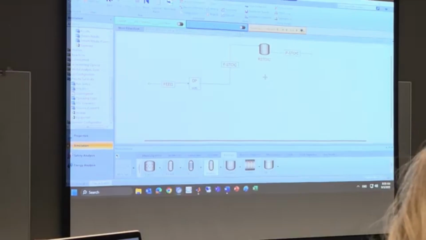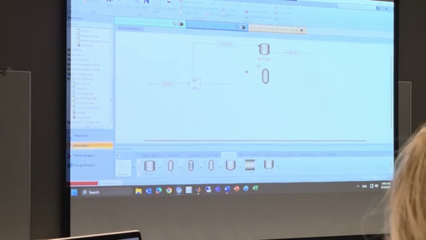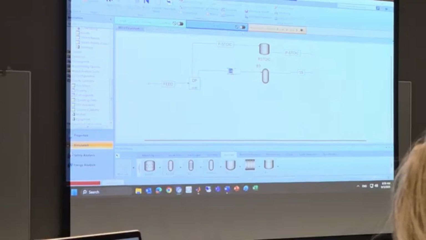Then I'm going to install RGibbs. Same thing, I can connect input and output. Please practice as I show you, then you understand every reactor.